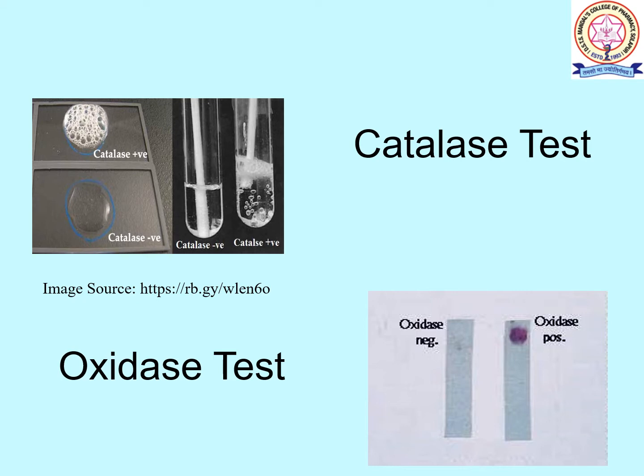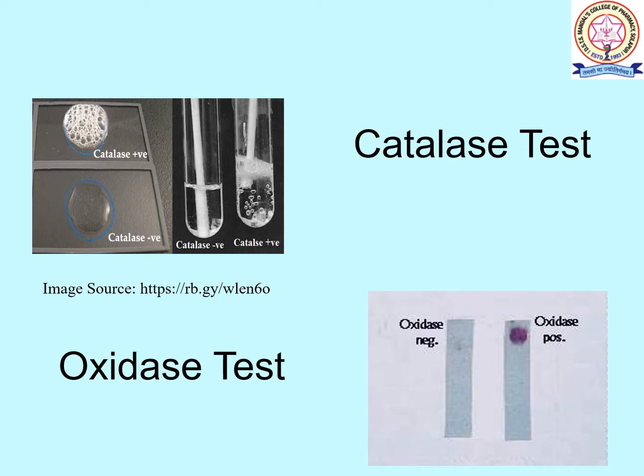The presence of the enzyme in a bacterial isolate is evident when a small inoculum is introduced into hydrogen peroxide, and there will be rapid elaboration of oxygen bubbles, which can be seen here. This particular test tube has an effervescence-like structure, that is, bubbles of oxygen occurring.